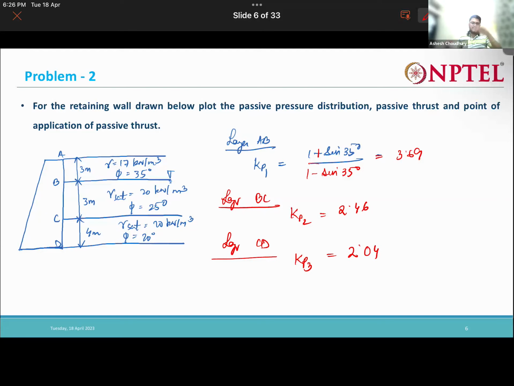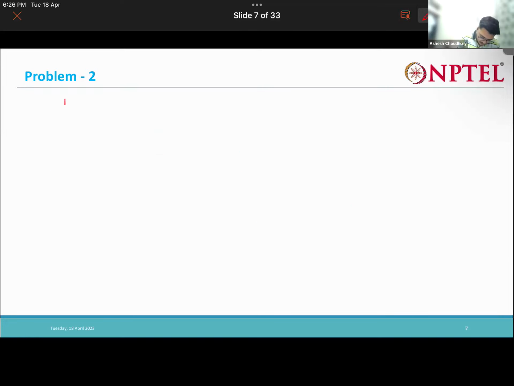At 3 meter below. So now very easy. Let us just draw one by one how the pressure distribution will vary. For the first layer, it will be nothing but like this.